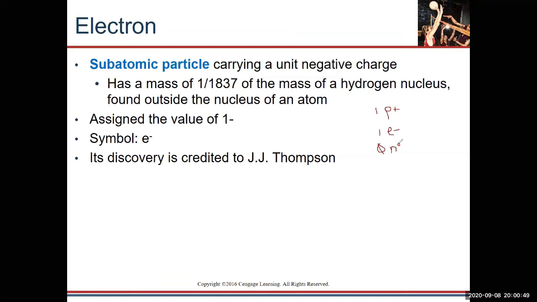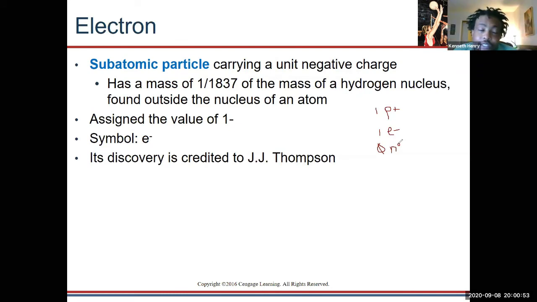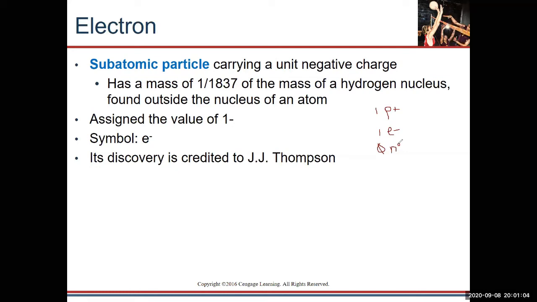So what would be in the hydrogen? Electrons. Nope, not in the hydrogen nucleus. Because I just told you that the nucleus of an atom is always composed of protons and neutrons. So what does it have in its nucleus? Just 1 proton. Just a proton.